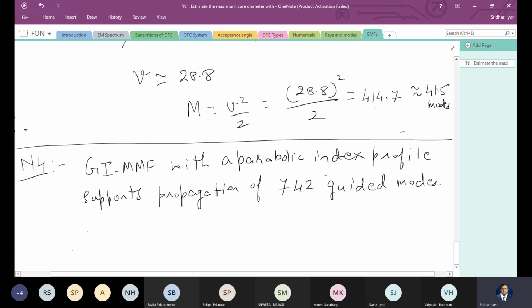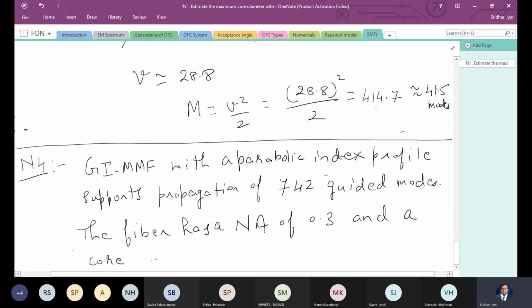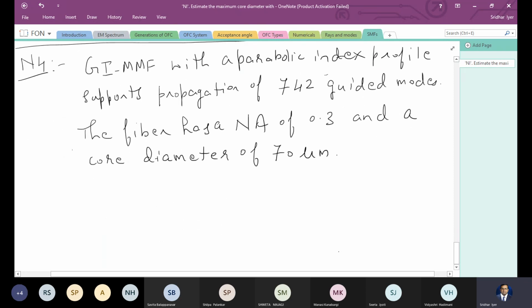The fiber has a numerical aperture of 0.3 and a core diameter of 70 micrometer. Right?